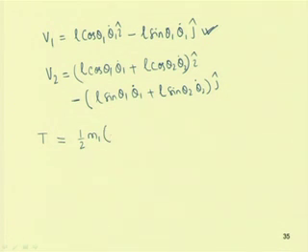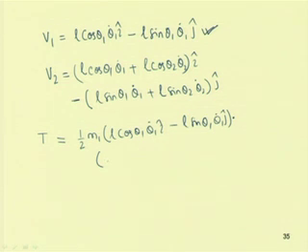So, it will be L cos theta 1 dot i minus L sin theta 1 dot j, and with the dot product this becomes L cos theta 1 i minus L sin theta 1 j. So, this is for the first mass.